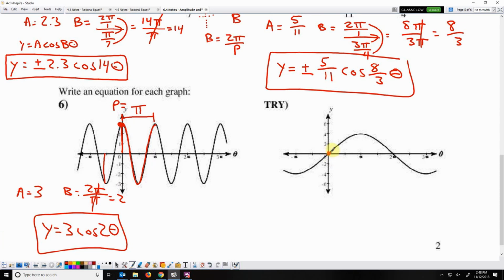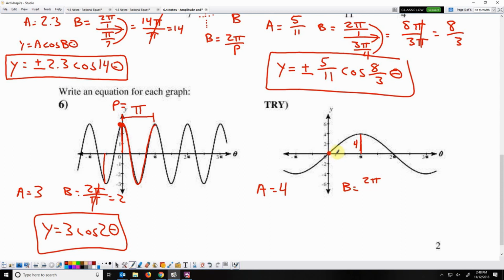This one starts on the center line. So this one is going to be a sine wave. So the amplitude, right there, it goes 4 above the center line. So the amplitude is 4. To get B, I put 2 pi over the period.